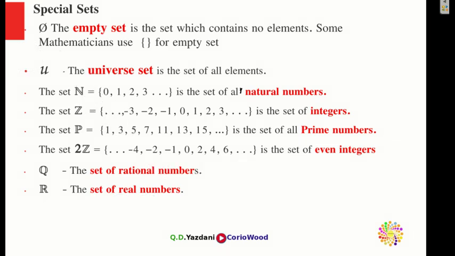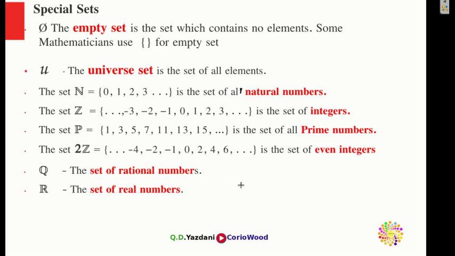All right, so now we're going to visualize the whole thing that we discussed. We discussed the complex numbers, the real numbers, the rational numbers, the imaginary numbers, and we also know natural numbers, integer numbers, prime numbers, even integers.